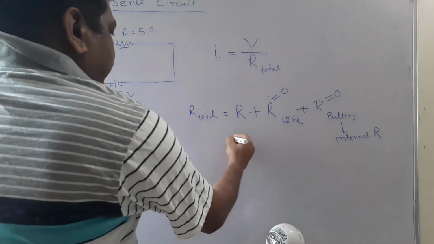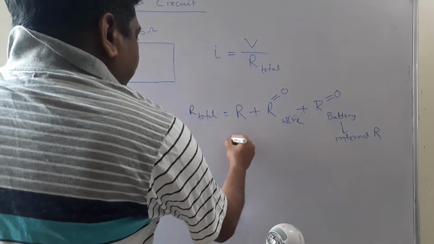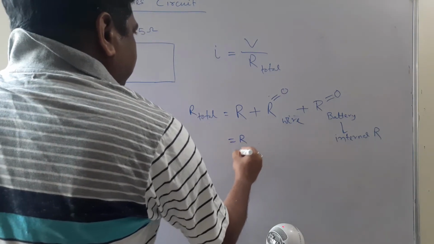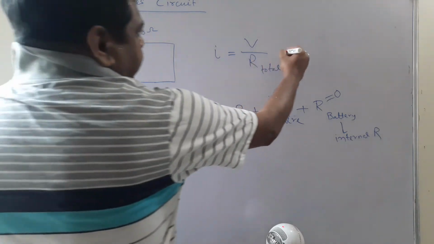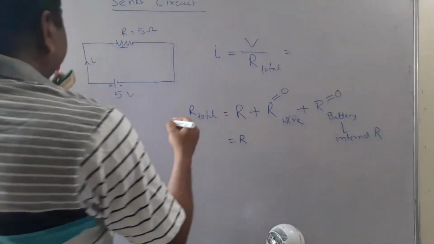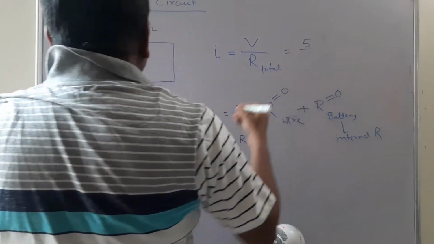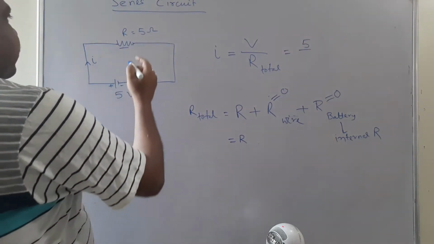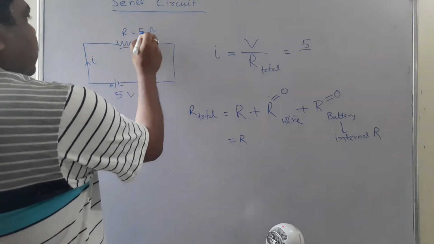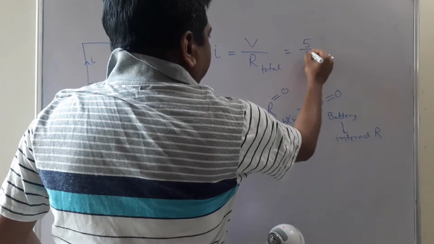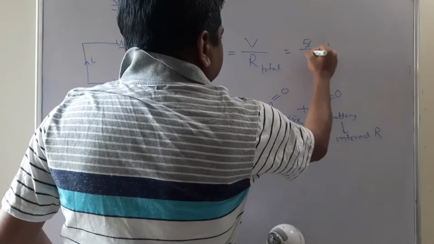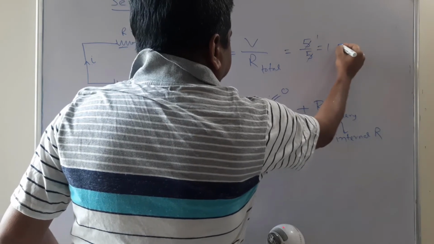So R total equal to R, so that I equals V, which is 5, divided by this R, which is 5, so this is 1 ampere.